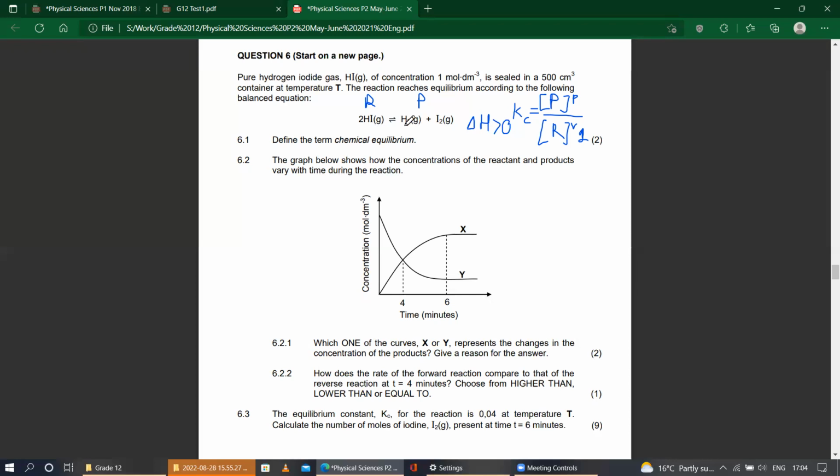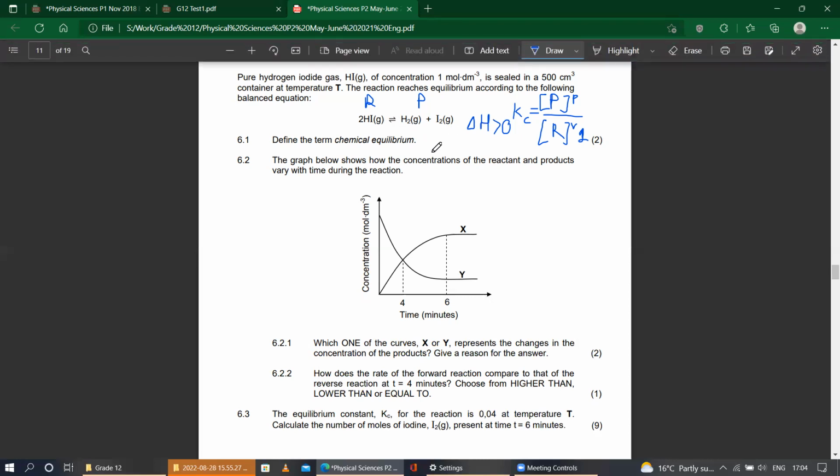So let's say our temperature increases and our forward reaction is endothermic. Since our temperature is gonna go up and the forward reaction is endothermic, that means you're adding heat, you're adding energy.